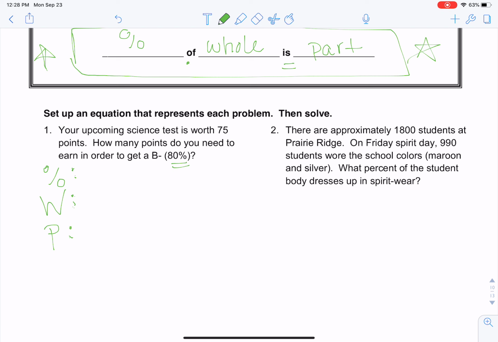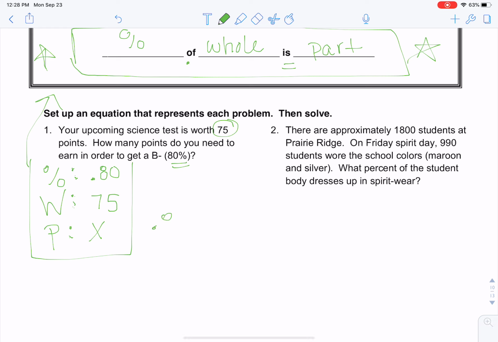They give me a percentage. I'm going to convert that to a decimal right away, and I'm not going to write 80, I'm going to write 0.80. Whole amount, let's see, this is the only other thing I'm given. Your upcoming science test is worth 75 points. That's how much the whole test is worth, which means I'm looking for the part. Now I'm going to plug all of this information into my formula.